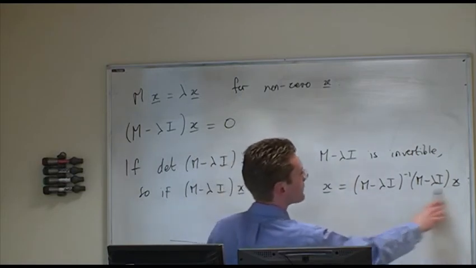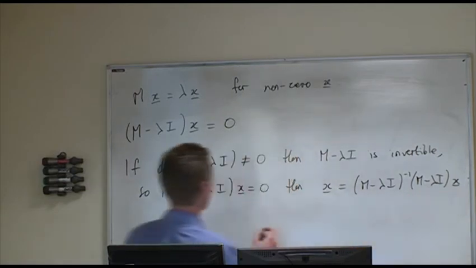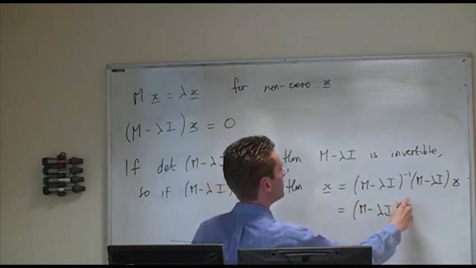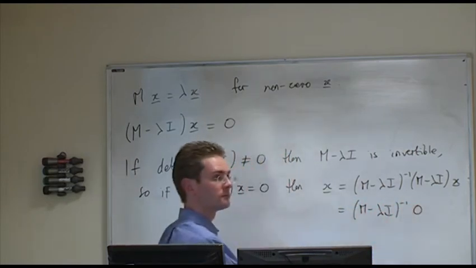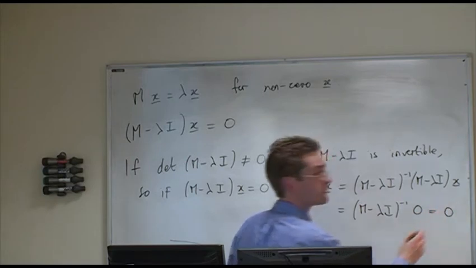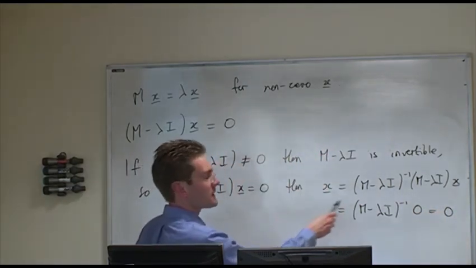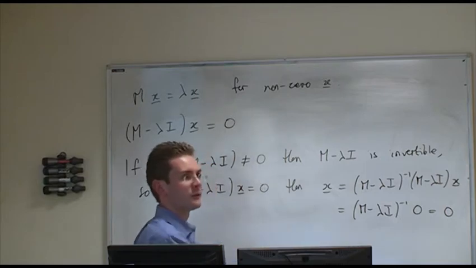However, I know that this part here is equal to 0. So this is (M − λI) inverse times 0, and that is equal to 0. So the only choice is that x is 0, and we decided that that wasn't interesting.